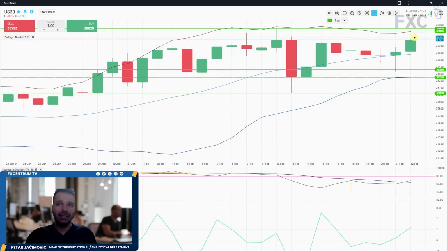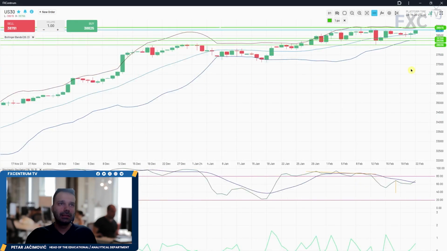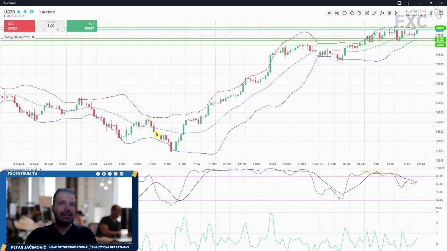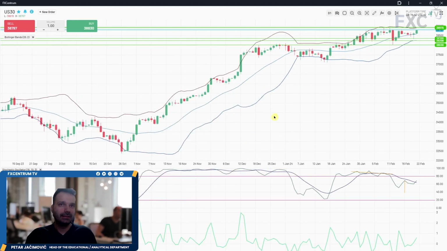In case of a breakout of that area, and it will depend how it breaks that upper Bollinger, we can even see 40,000 come into play. So here you can see, generally when there is no follow through after a close below or above the Bollinger Band, we actually have imbalance to the other side.